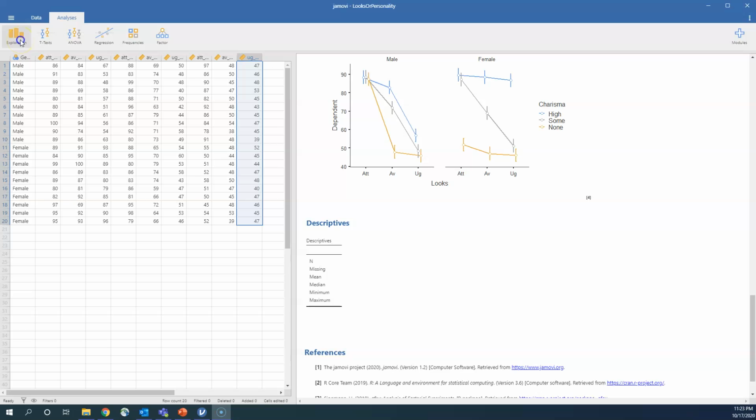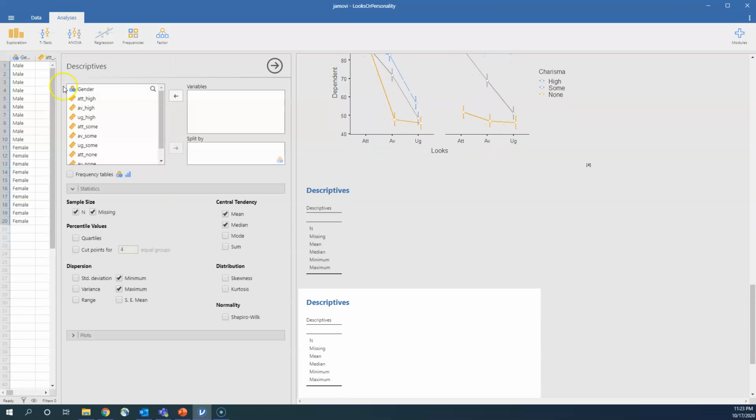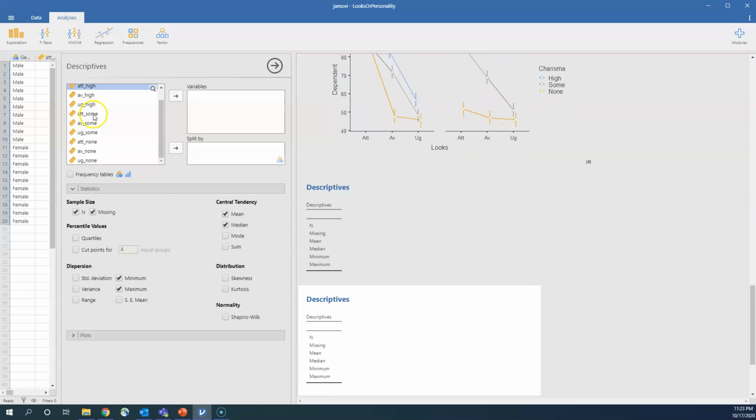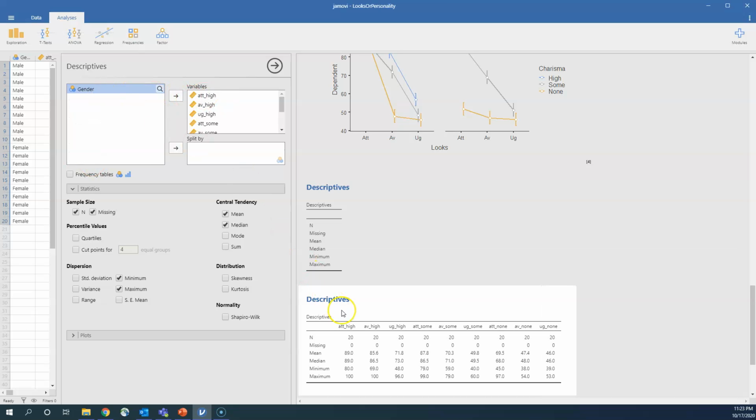So we're going to get that by going to Exploration, Descriptives, and then you take all these repeated measures variables and you plug them over into the variables list, and you're going to split this table down here, which gives you all the means and medians and minimums and maximums. You want to split all these different levels of the within measures independent variables.